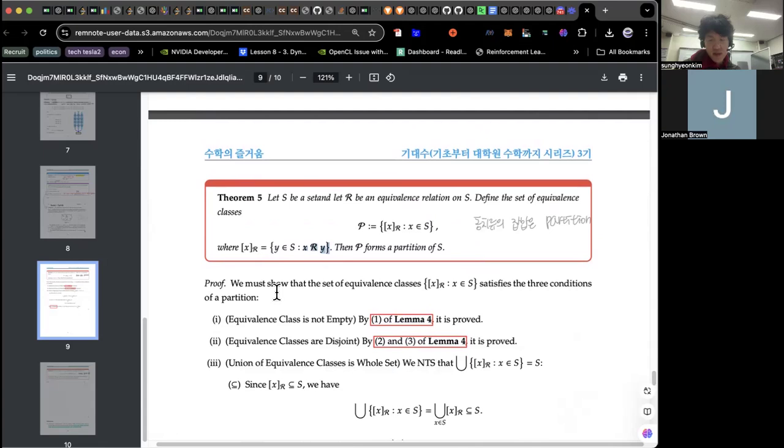Then it is not empty because... I think number three is by definition, because they define equivalence class like this.